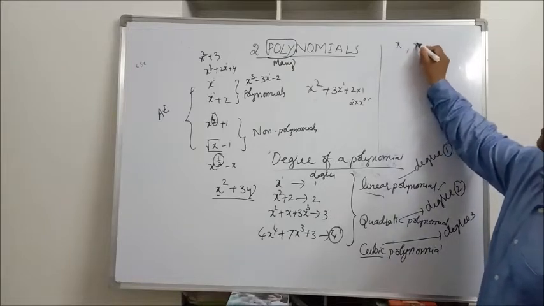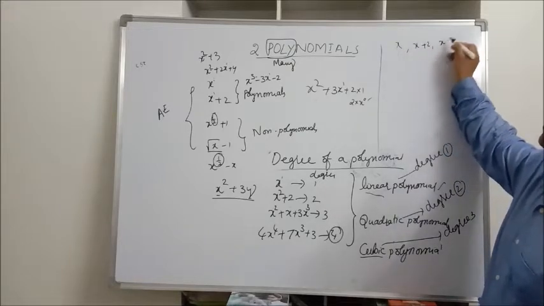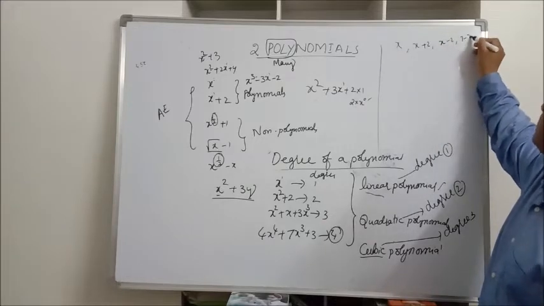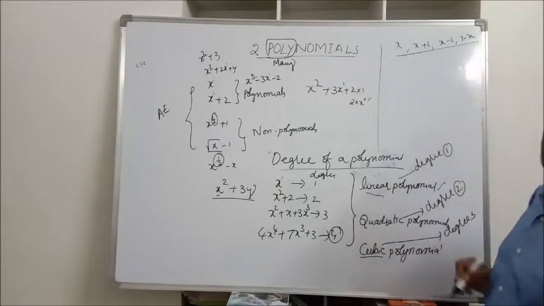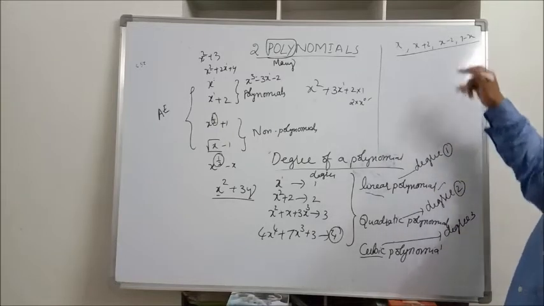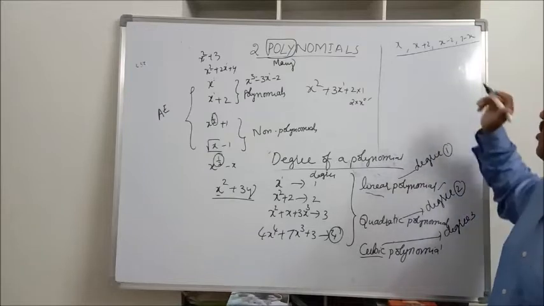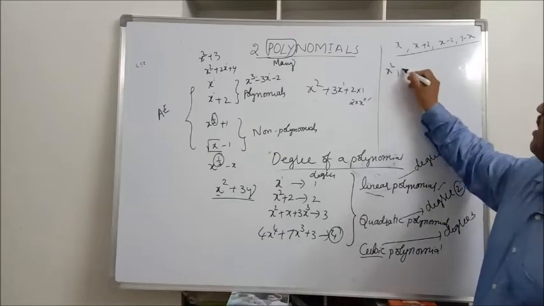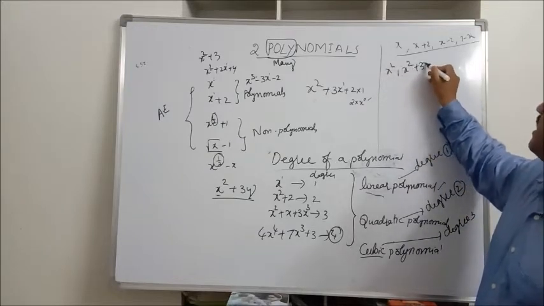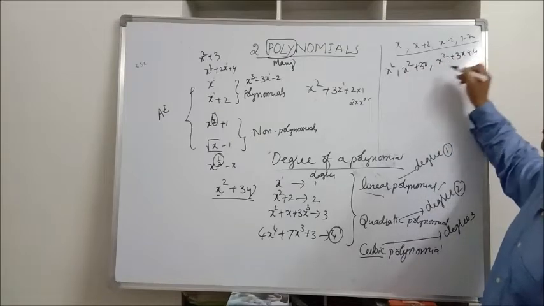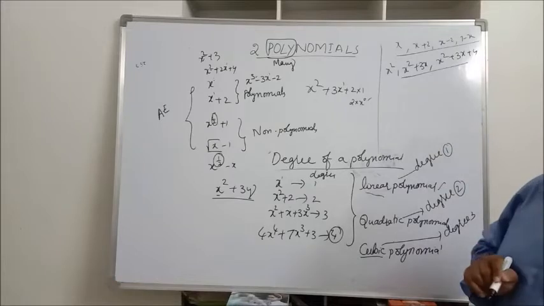So here are some examples of linear polynomials: x plus 2, x minus 2, 7 minus x. All these are linear polynomials, as their degree is 1. x square plus 3x, x square plus 3x plus 4: all these are quadratic polynomials.